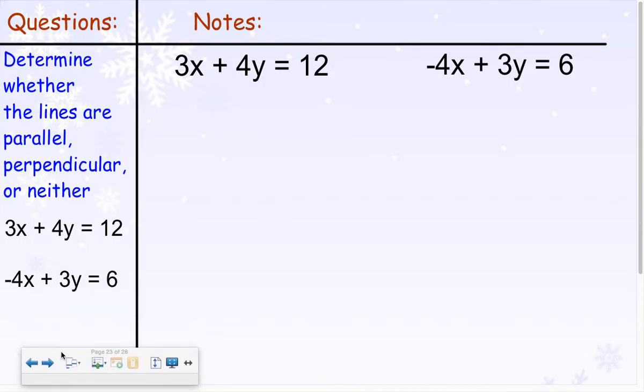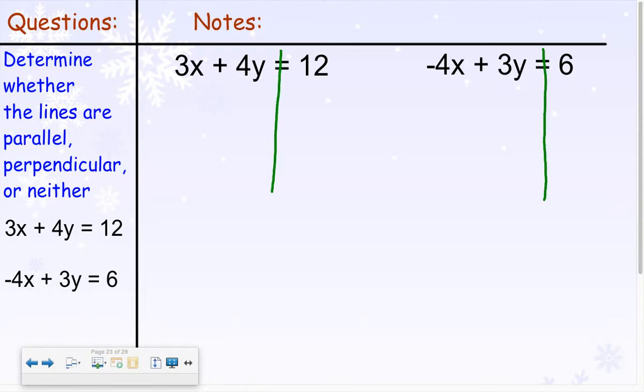All right. Determine whether the lines are parallel, perpendicular, or neither. So we're given 2 equations, and we have to figure out if they're parallel, perpendicular, or neither. Well, just like in the last slide, what we care about are the slopes. We have to know the slopes to determine if they're parallel, perpendicular, or neither. So let's get these equations in slope-intercept form.